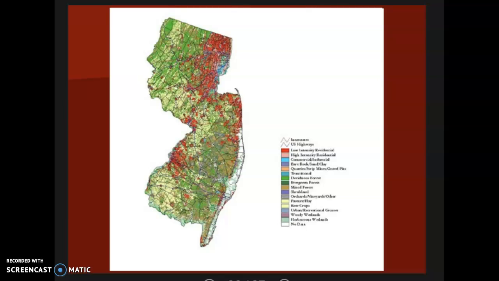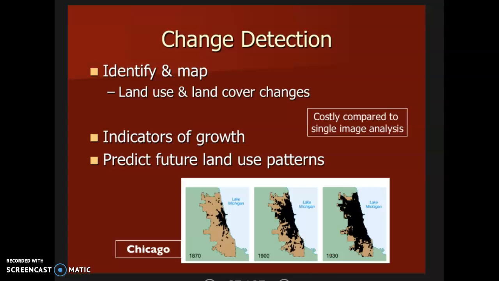Okay, so let's move to change detection now. Change detection is something that many of you are doing in your research projects, and essentially you are identifying changes in land use and land cover.